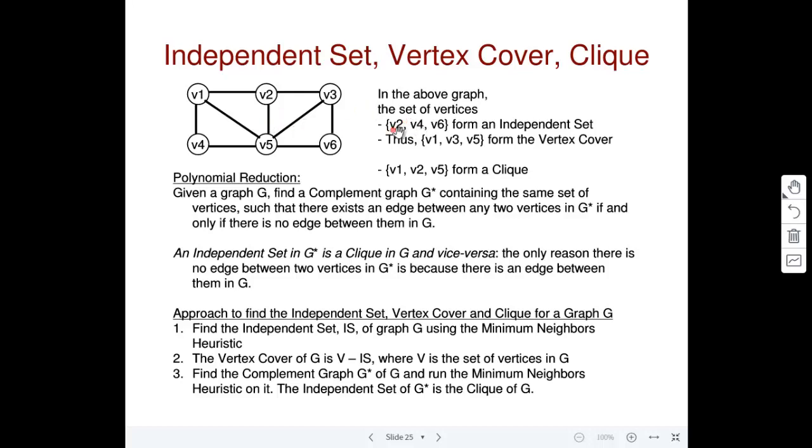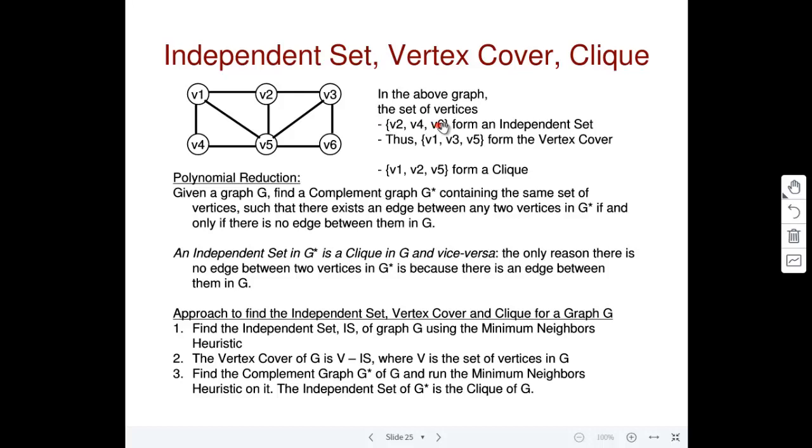So you see here, there's no edge between V2, V4 in this given graph. There's no edge between V2, V6 in this given graph. There's no edge between V4, V6 in the given graph. So this is the set of vertices such that there's no edge between vertices in the same set. So we call such a set of vertices an independent set.